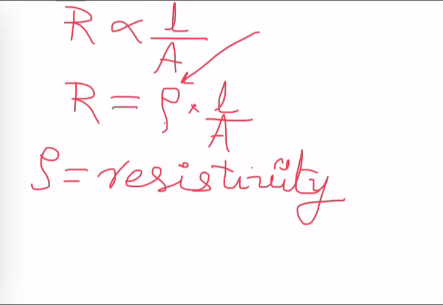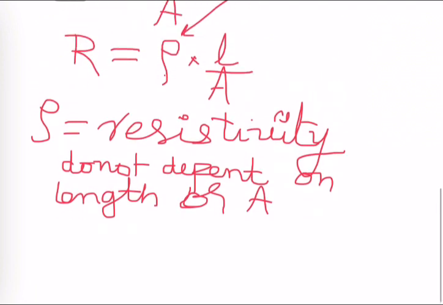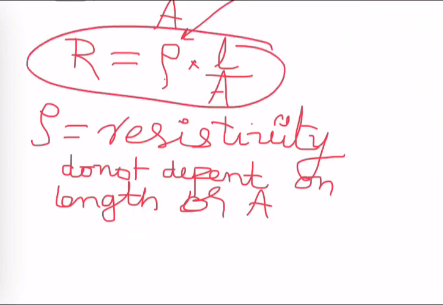Resistivity does not depend upon the length, and it also does not depend upon the area of cross section. What is the reason? Cross multiply this and solve for resistivity. Rho is equal to RA by L.